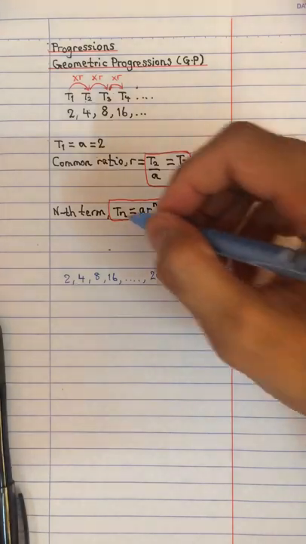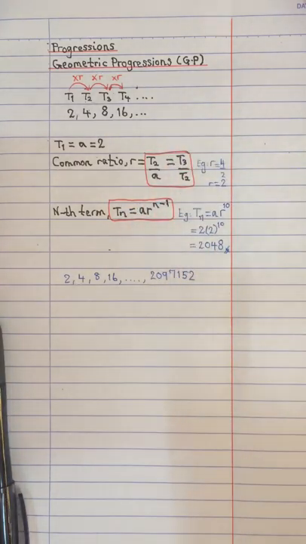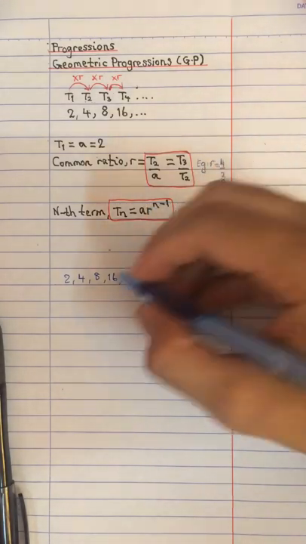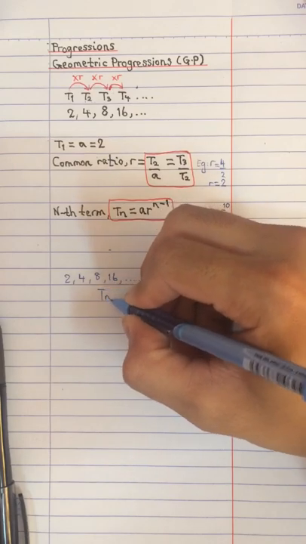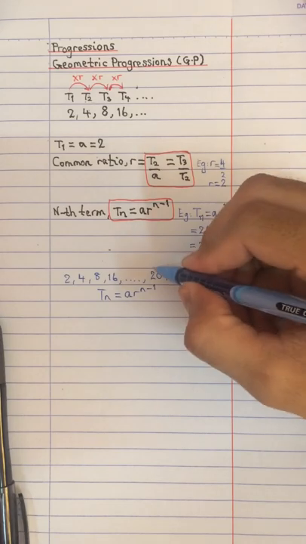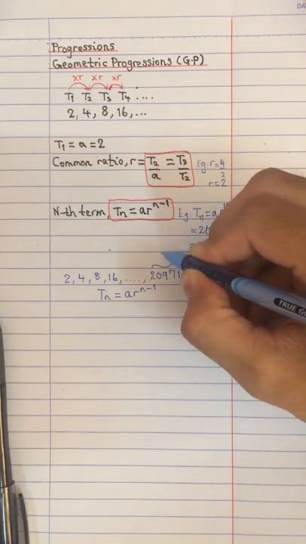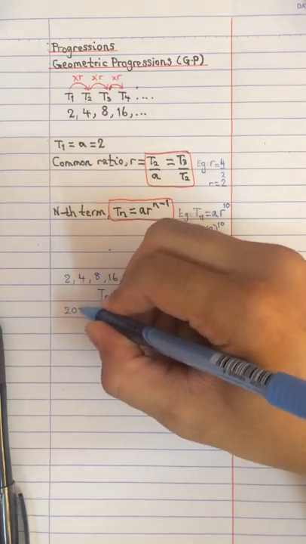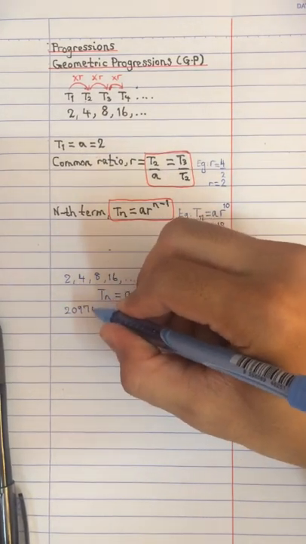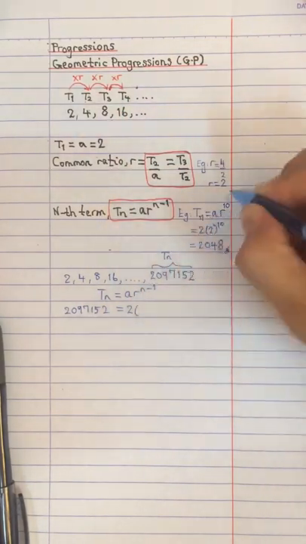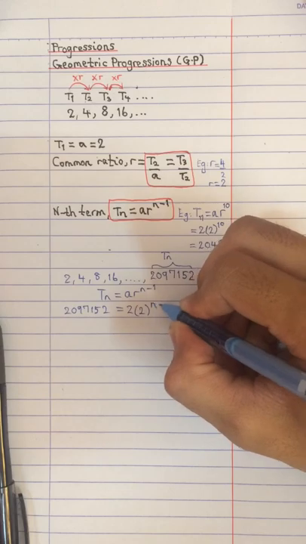The first thing, this is the Tn value. You can substitute the value into your formula. Tn equals a r to the power of n minus 1. Now you substitute into the formula, you have 2097152 equals, a equals 2, and r equals 2 as well, to the power of n minus 1.